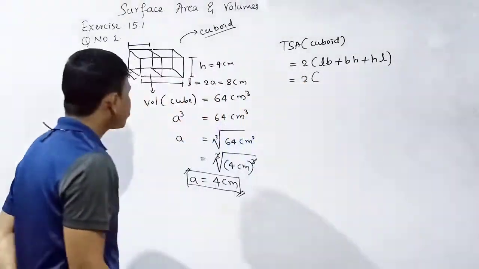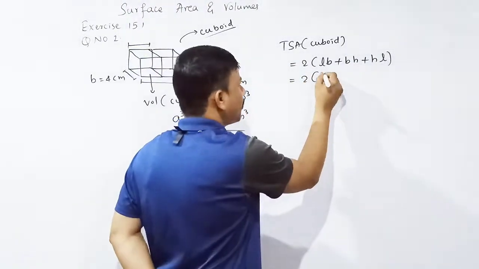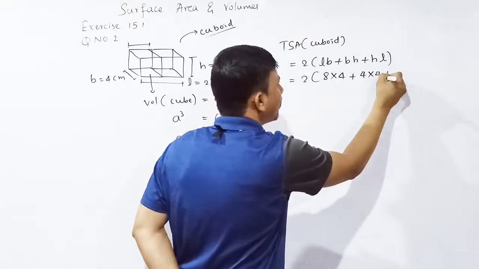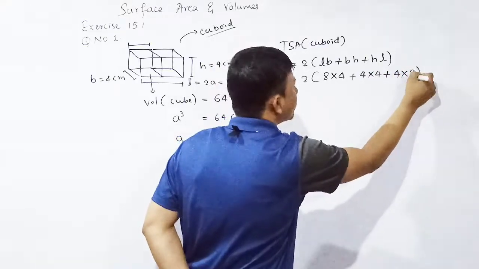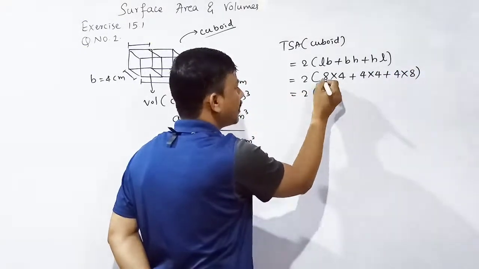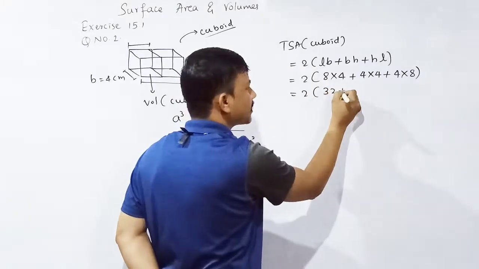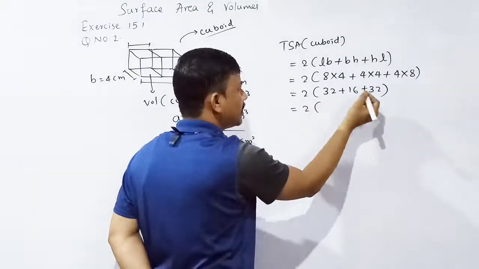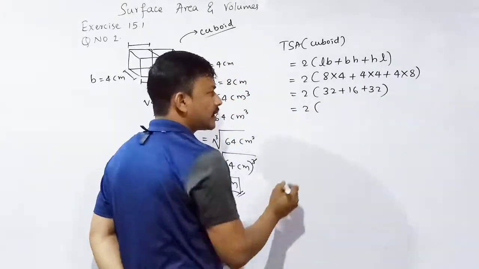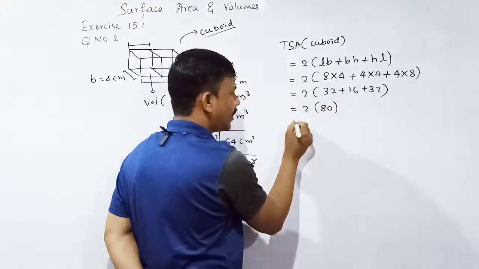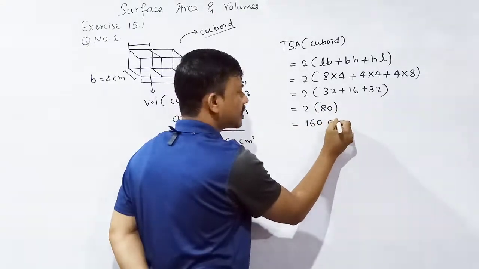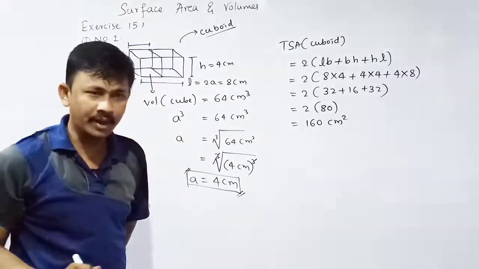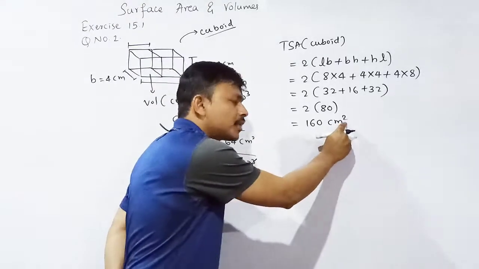What is the length? 8 centimeter. What is the breadth? 4 centimeter. Okay, 4 into 4 plus 4 into 8. This is equal to 2 in bracket, 64 plus 16, 74, 80. That means 2 8s are 16, 160 centimeter square, because it is total surface area. If it is area, you need to take square.